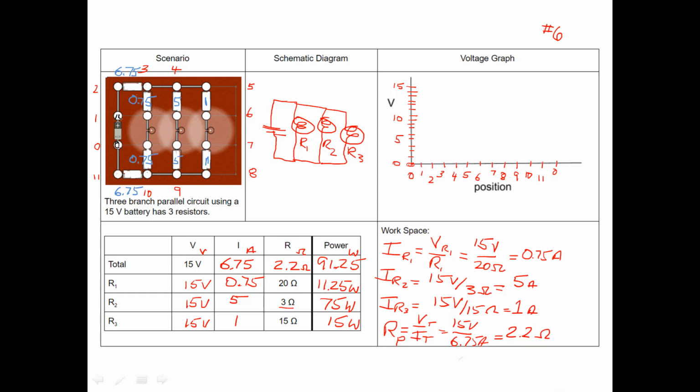I have 15 volts here, 15 volts here, 15 volts here, 15 volts here, 15 volts. I have no drop in voltage along that current meter, but it all drops to 0 on the other side of each of these light bulbs.